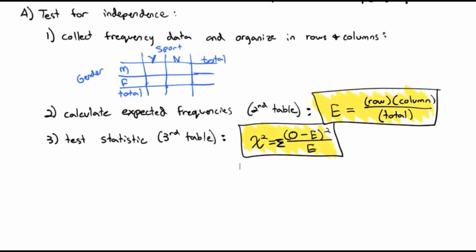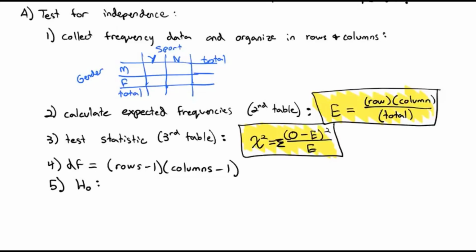Now, as we're testing for independence, we need to know the degrees of freedom. The degrees of freedom with independence is the product of the number of rows minus 1 times the number of columns minus 1. Also with independence, similar to when we did goodness of fit, the null hypothesis and the alternative hypothesis are generally in words, not in symbols.